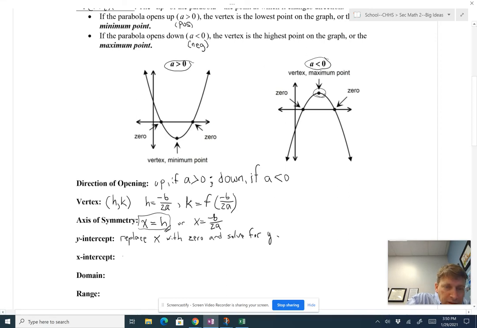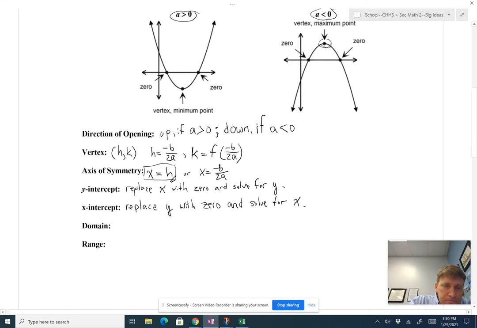For the x-intercepts, it's the same thing but sort of reversed. The x-intercepts: replace y with 0 and solve for x.